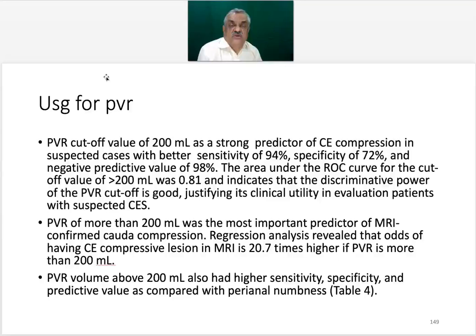When we do ultrasound for post-void residue, the post-void residue cutoff value of 200 ml is a strong predictor of compression, and in suspected cases it has better sensitivity of 94%, specificity of 72%, and negative predictive value of 98%.